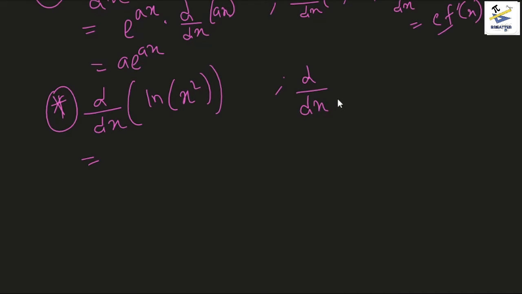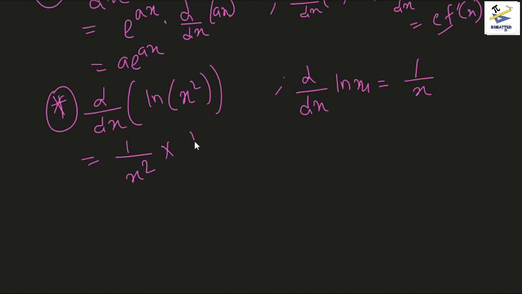So d/dx of ln of x is equal to 1 by x, right? So pretend as if this function is ln of x, and we write the derivative as 1 by x square. So do not directly write 1 by x, because you just need to pretend. But when you are going to write the derivative, you are going to write the same thing, and instead of x, whatever is present, you are going to use that. But you are just pretending it is x, right?